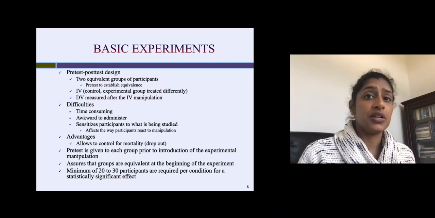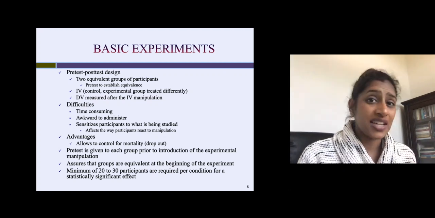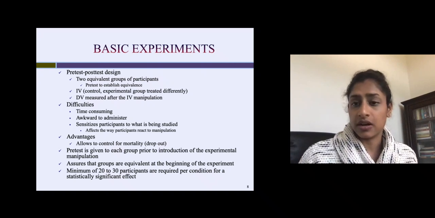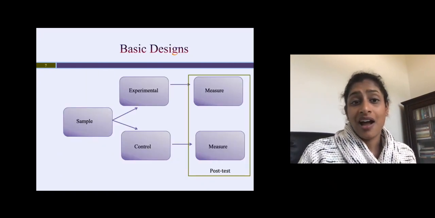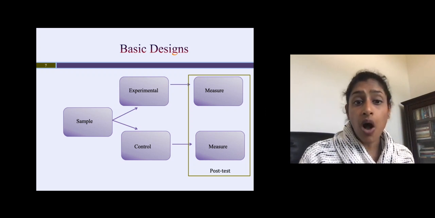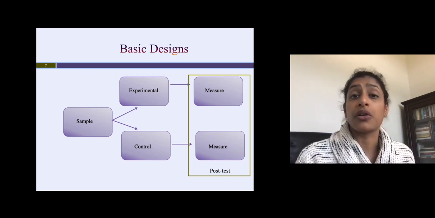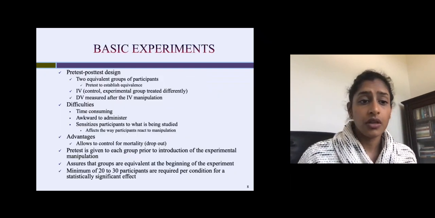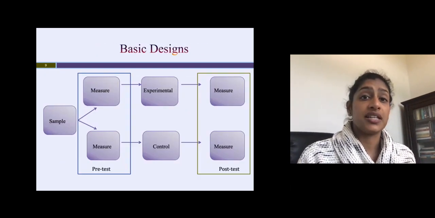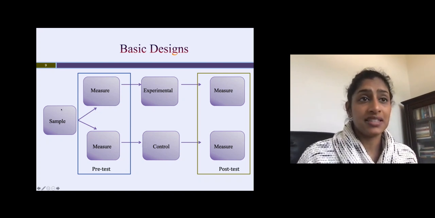One of the things to consider with this type of design is that it can be pretty time consuming to do, right? So with my post-test only design, I really only have to see participants in the lab once, or even within that a smaller duration of time. When I get to my pre-test, post-test design, here I'm going to have my sample.